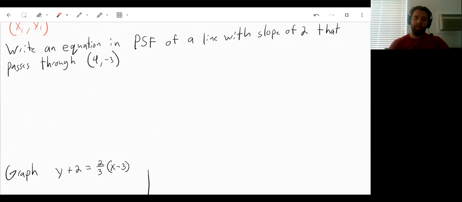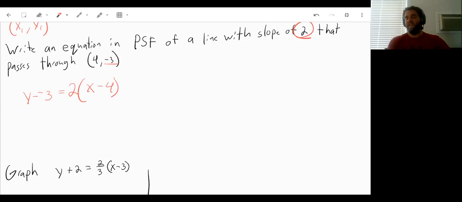the point 4, -3. Well, when we were trying to find slope-intercept form, we had to jump through a lot of hoops to be able to figure this information out and how to graph it or what the equation is. But in point-slope form, all you do is you take your y-coordinate first, and you do y minus your y-coordinate, so y minus -3, equals your slope m, which we know is 2, times x minus your x-coordinate.